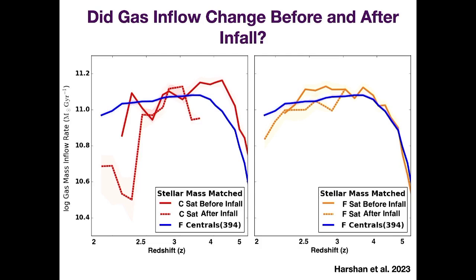As galaxies are falling into the cluster, which is the right-hand side plot, we can see that right before the infall, the gas inflow rate is actually higher than for the field centrals. However, as soon as it comes into the cluster host halo, it starts to decline very rapidly. But the same effect is not seen in the field satellites before or after the infall.